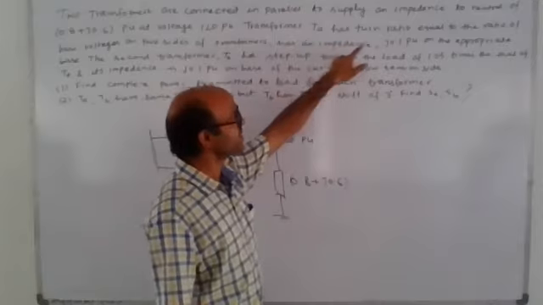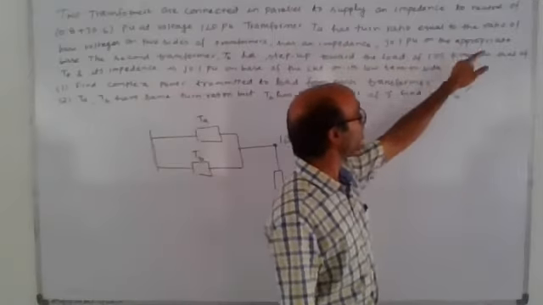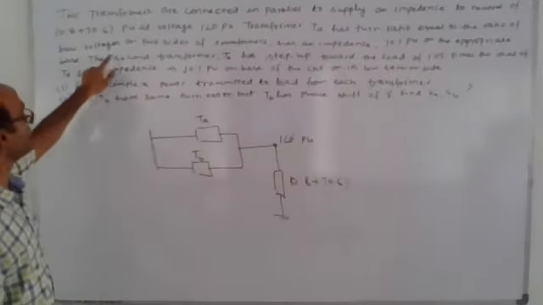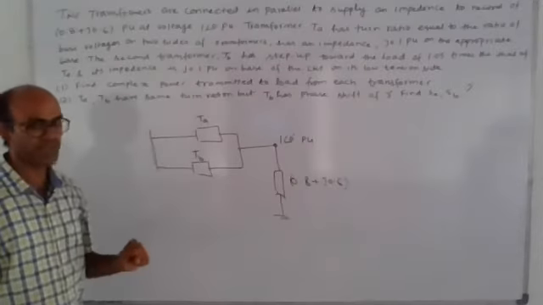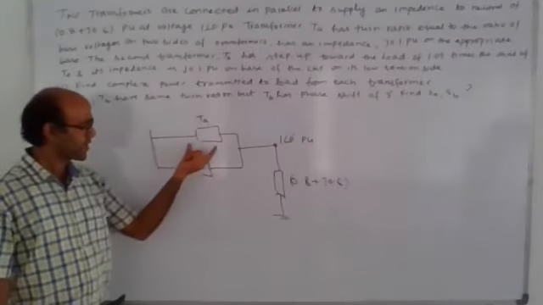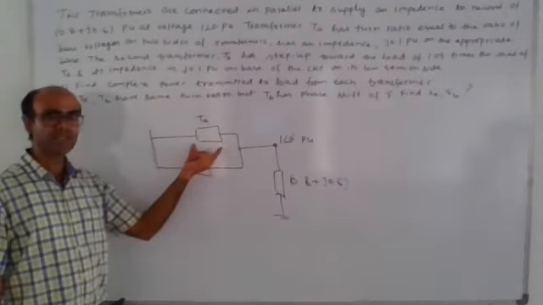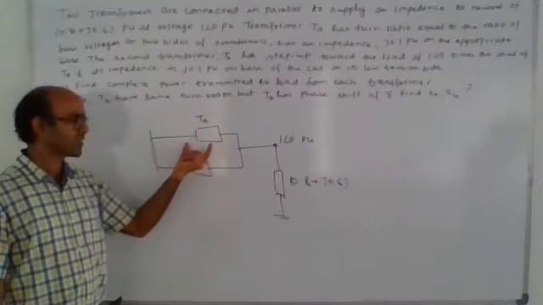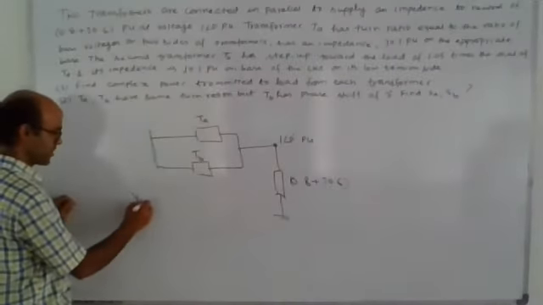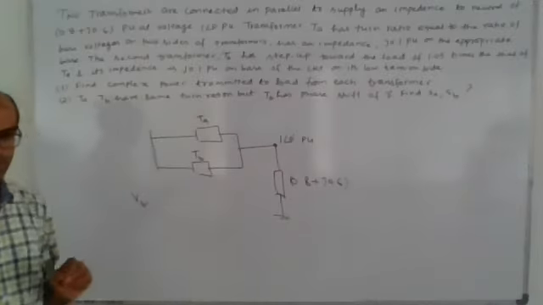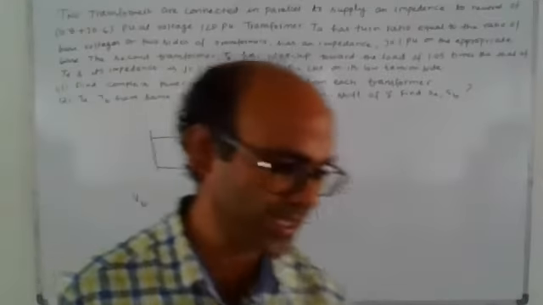So this is given in the first line. Transformer TA has a turn ratio equal to the ratio of base voltage on two sides of the transformer. It says that transformer TA has a turn ratio based on their base voltage, right? It means V1 base divided by V2 base equals N1 by N2.